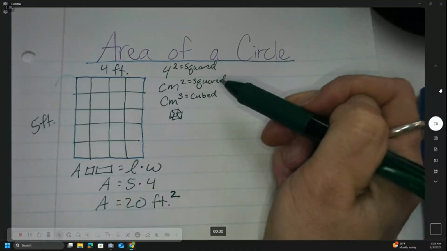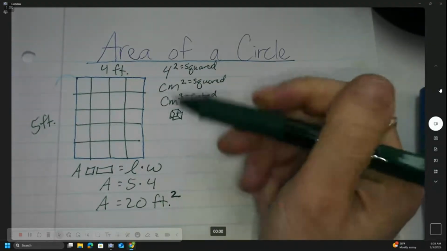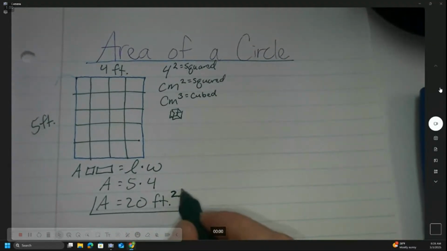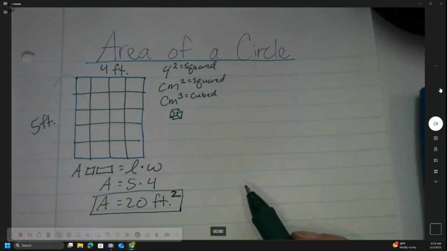I just want to make sure you understand the difference between squares and cubes, because that labeling is so important. It's not 20 feet, okay? It's 20 feet squared, because you're actually discovering how many perfect squares take up the inside of that shape.